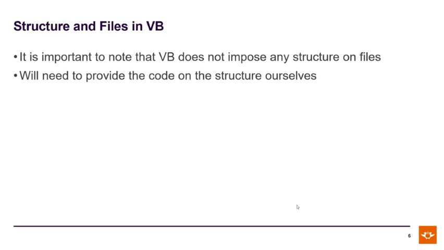So however we store information, however we read information, we dictate what that file structure will be like, which generally means that you can open almost any file as long as you know what the structure of the file is. That refers to text files, CSV files, DAT files, data files, database files. As long as you know what the structure is inside the file, you can open any file.